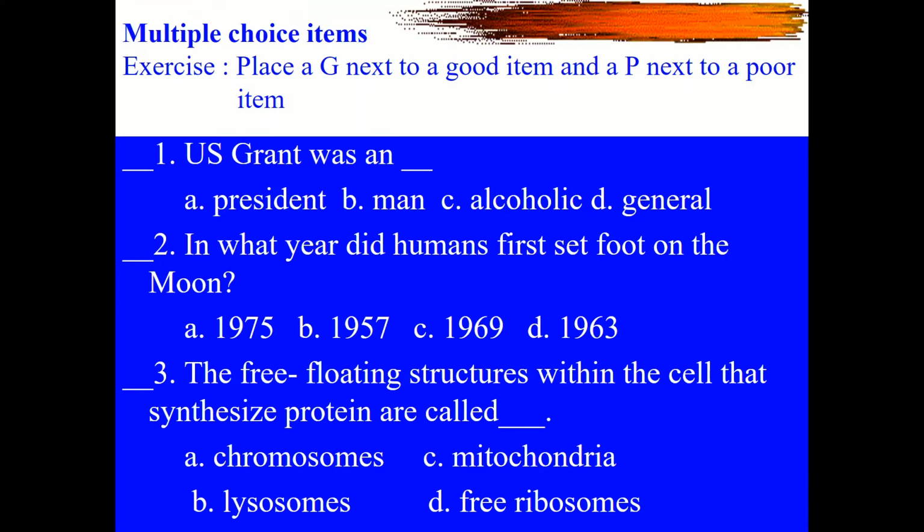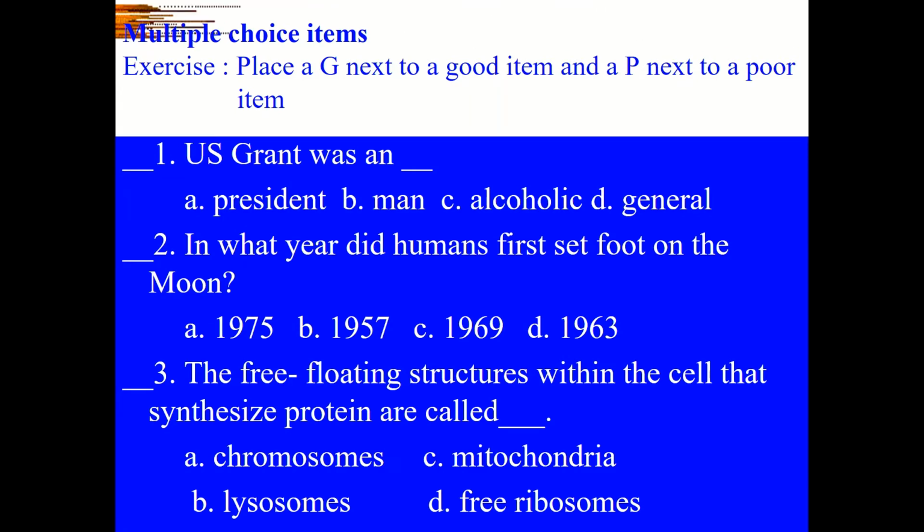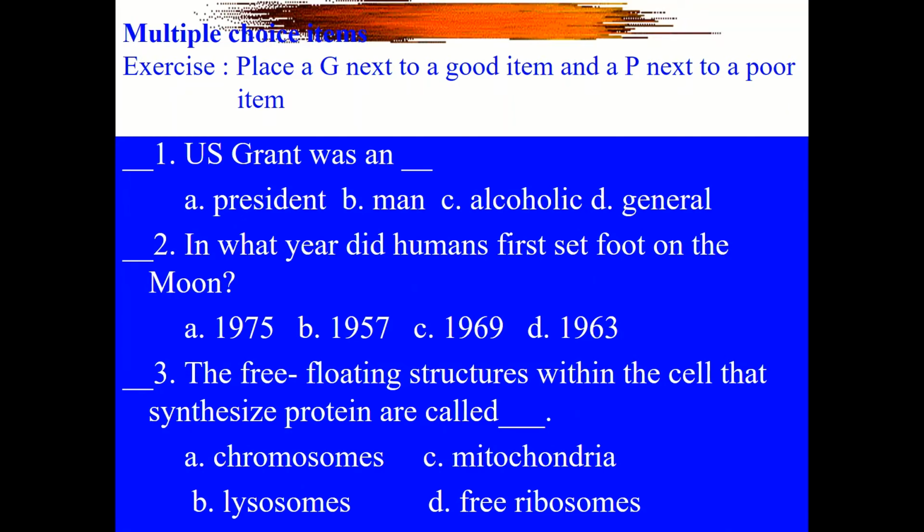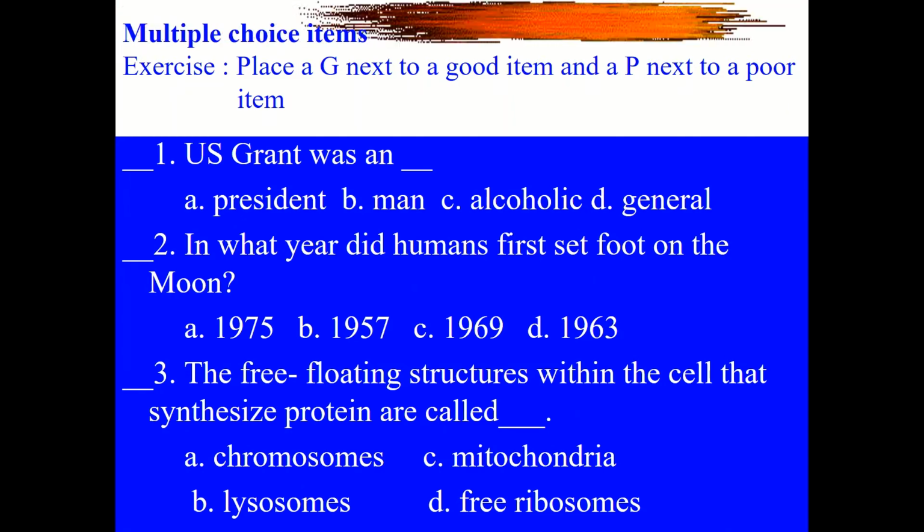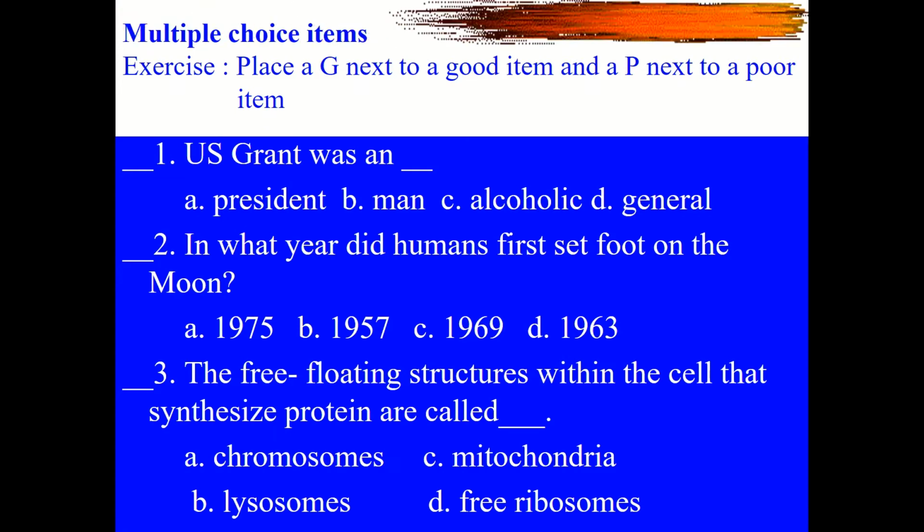There was a free floating structure, so not with free ribosome. Though I didn't know the answer here, I will definitely say D, because of the word free. By the way, the answer there is D.